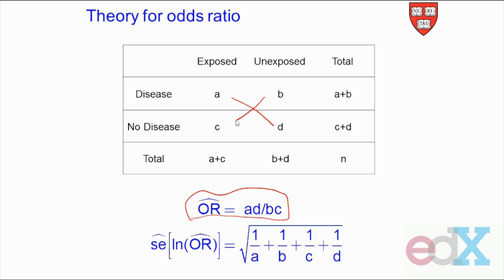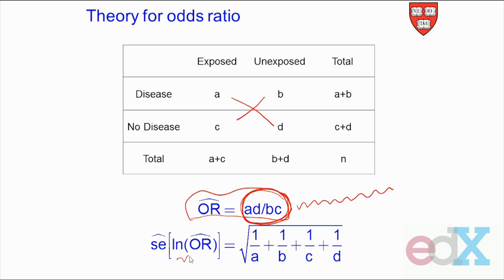What is super neat is that we don't treat this as a standardized normal variate from our central limit theorem. When you take ratios like this, very rarely do you get the central limit theorem working nicely for you. You typically have to take the logarithm. And this is exactly what's happening here.